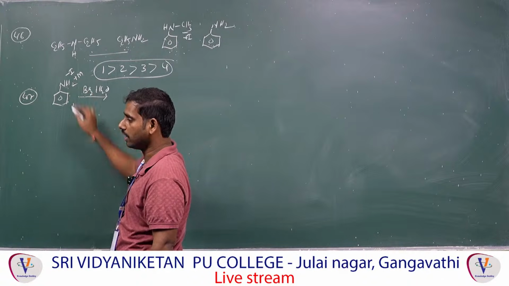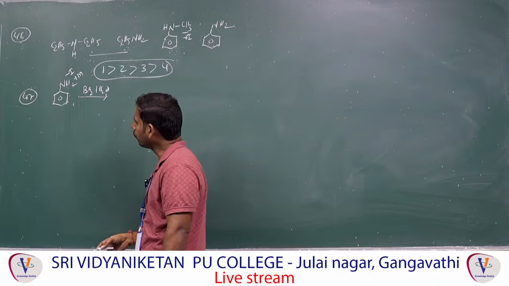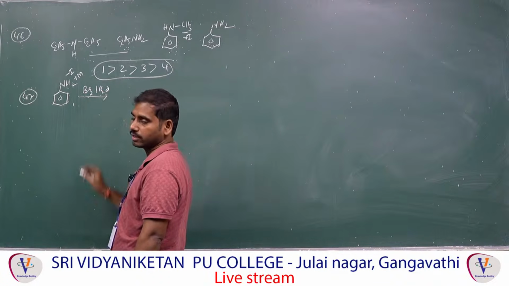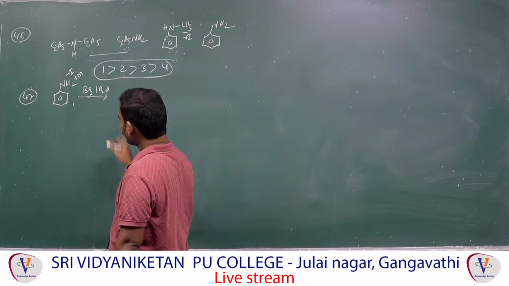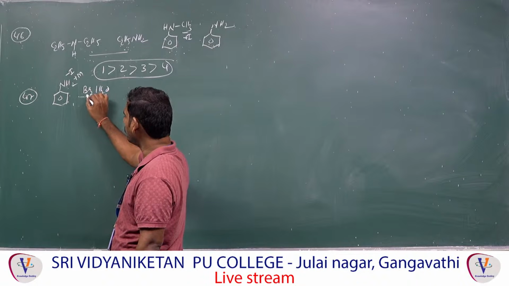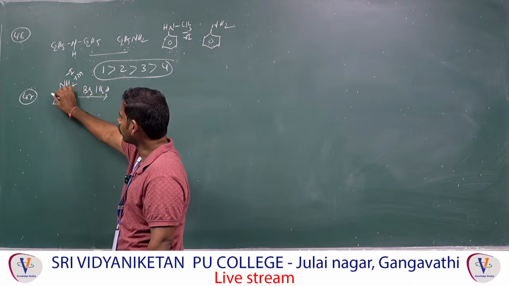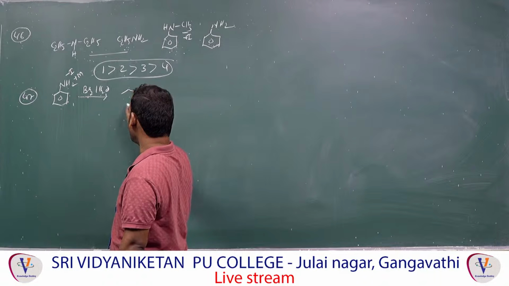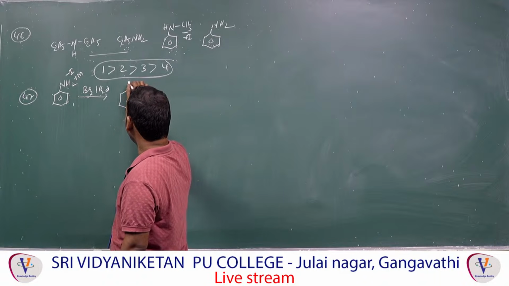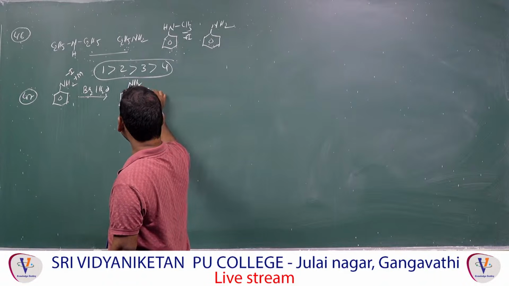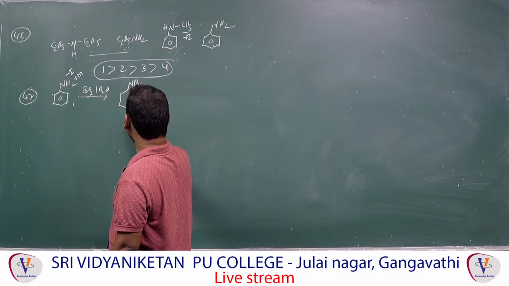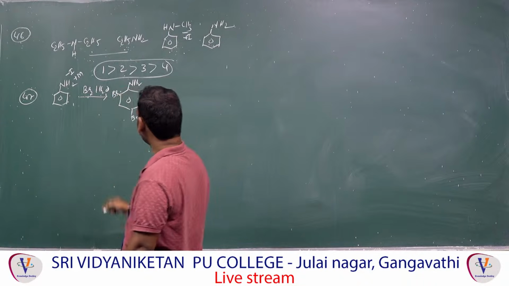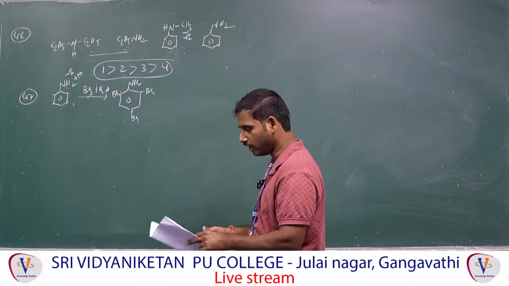So this group is called an ortho para directing group. Excess means how many moles do we need? Here we need 3 moles, because 2 ortho and 1 para. That's the answer: NH2 with Br, Br and Br, 2,4,6-tribromoaniline.